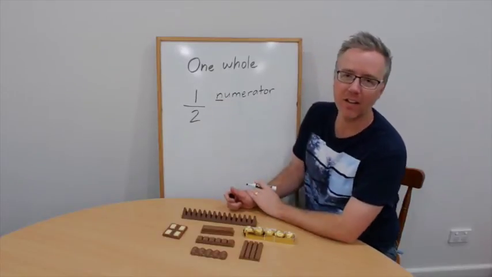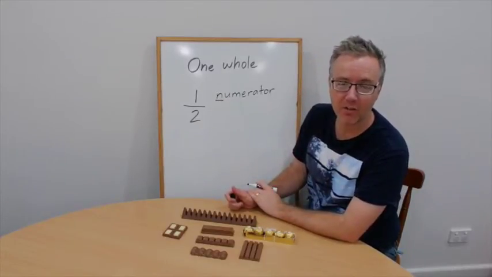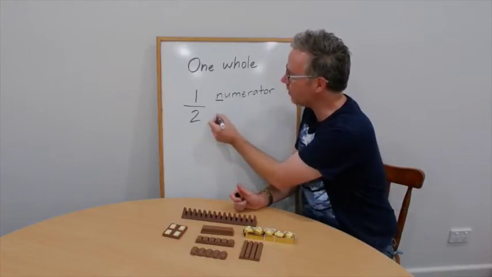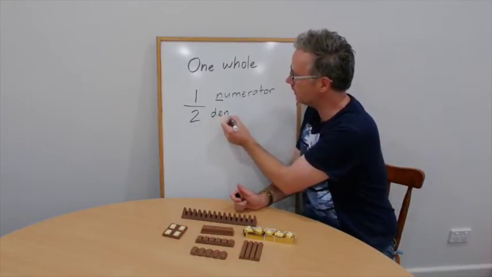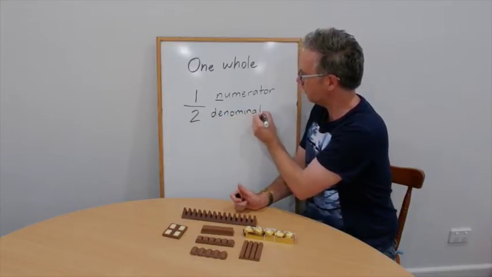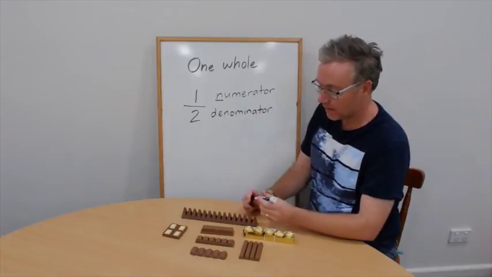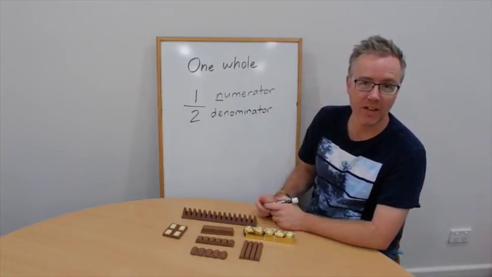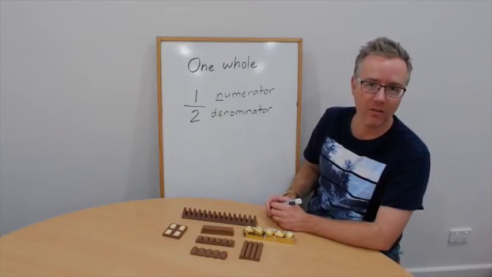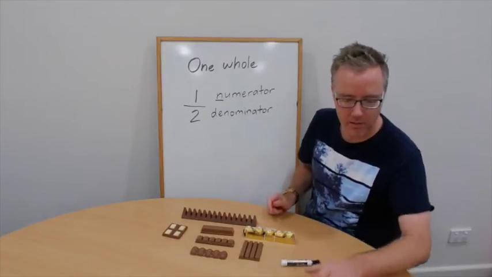And the numerator is the number of equal parts that you have. You then have the denominator. Now the denominator represents how many parts to make up one whole. So keep that in mind.